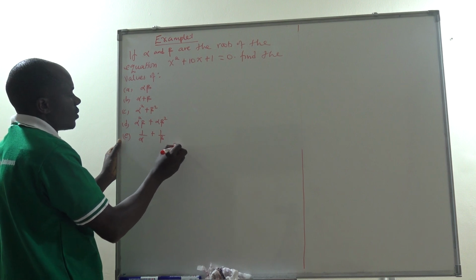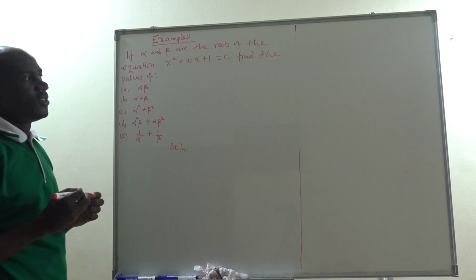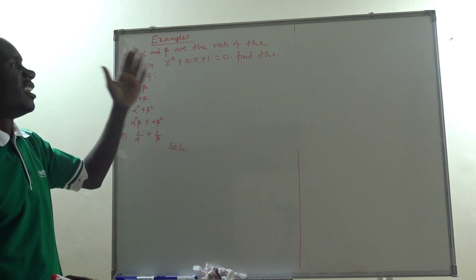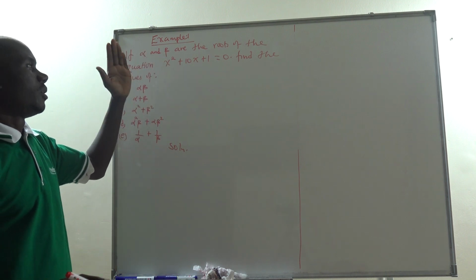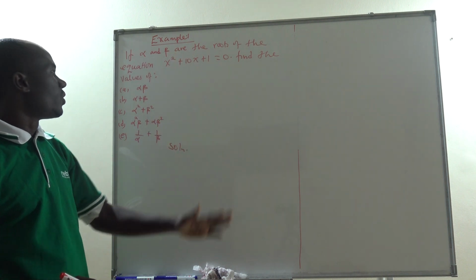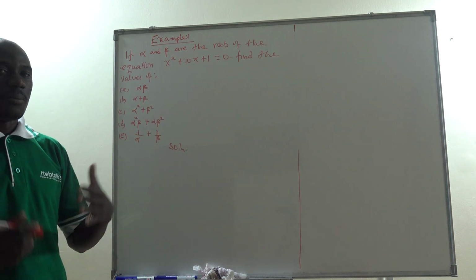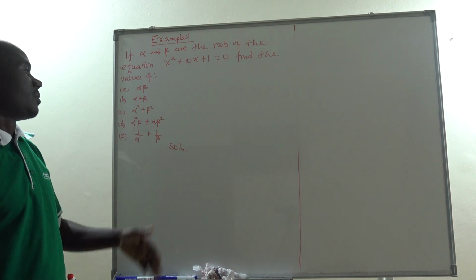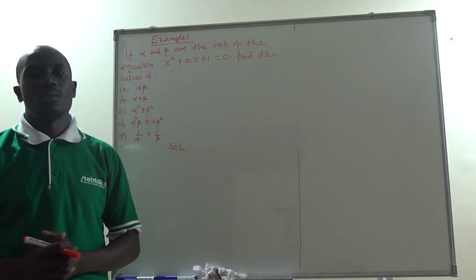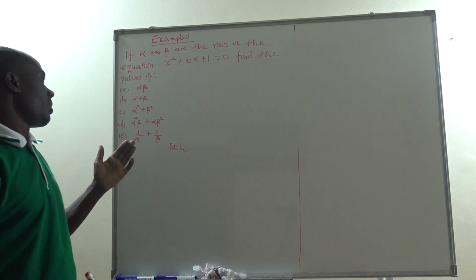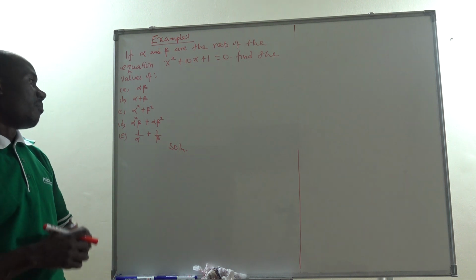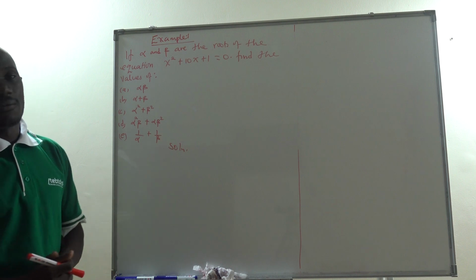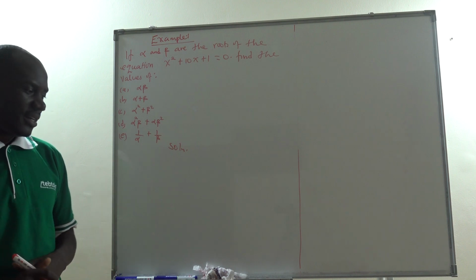So let's look at the solution. I'll first read for you again to echo it back. If alpha and beta are the roots of the equation x squared plus 10x plus 1 equals 0, find the values of part A, alpha beta; part B, alpha plus beta; part C, alpha squared plus beta squared; part D, alpha squared beta plus alpha beta squared; part E, 1 over alpha plus 1 over beta.